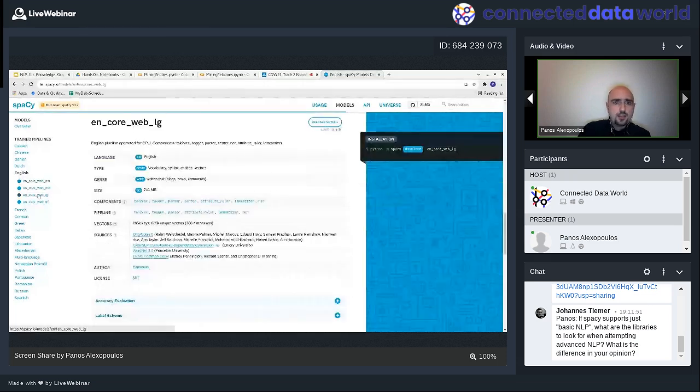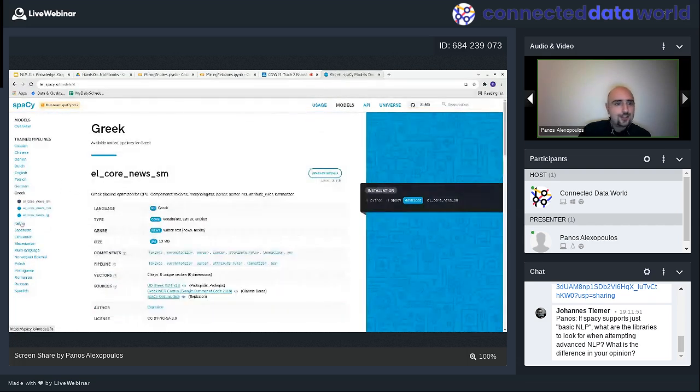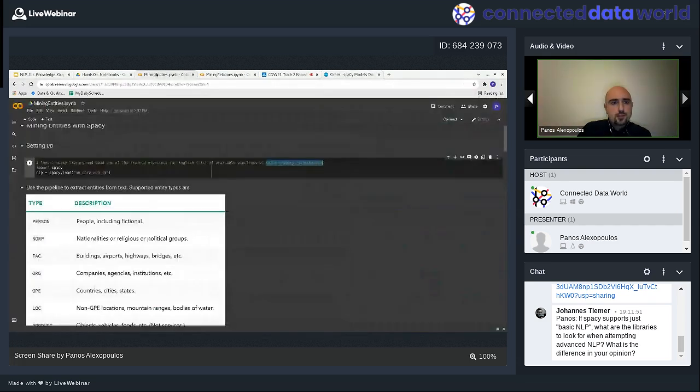Whereas this model here, the en_core_web_lg, which is 740 megabytes, also contains word vectors, and it has been trained on a much bigger data set. You can also see models for other languages like Greek, where there are actually 3 models, Dutch, English, etc. So coming back, for the purposes of this tutorial, we're just going to load the smallest and very basic model of English.